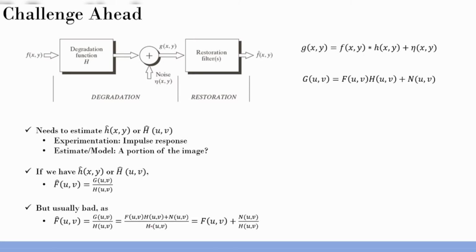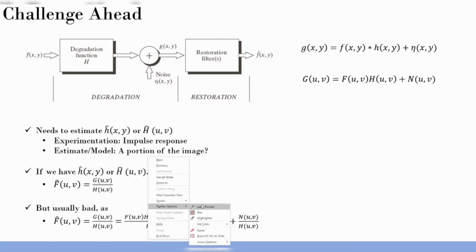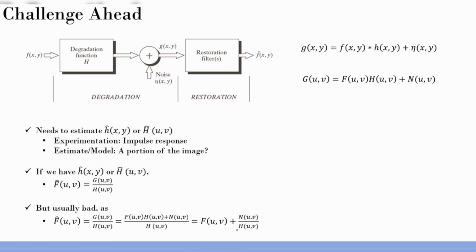Even otherwise, if there is a zero value, imagine h of uv is having a zero value, 1 by 0 is infinity, right? So it will just boost the artifacts like hell, okay. And one way to solve that is you add a small epsilon here, right? Some small factor here to overcome that problem. But even if you do that, this factor is a problem.